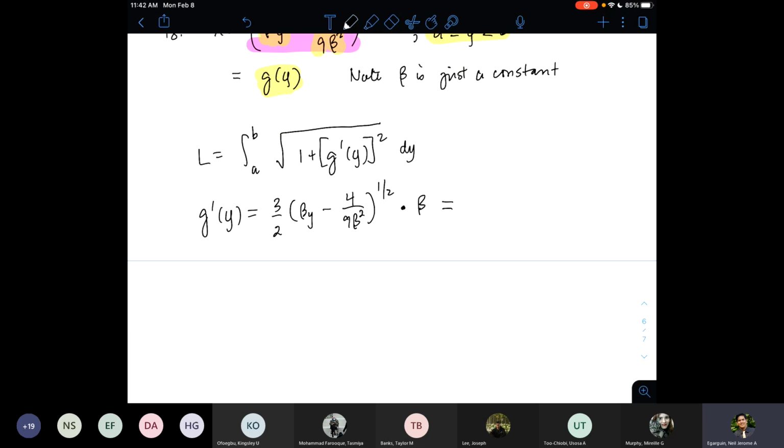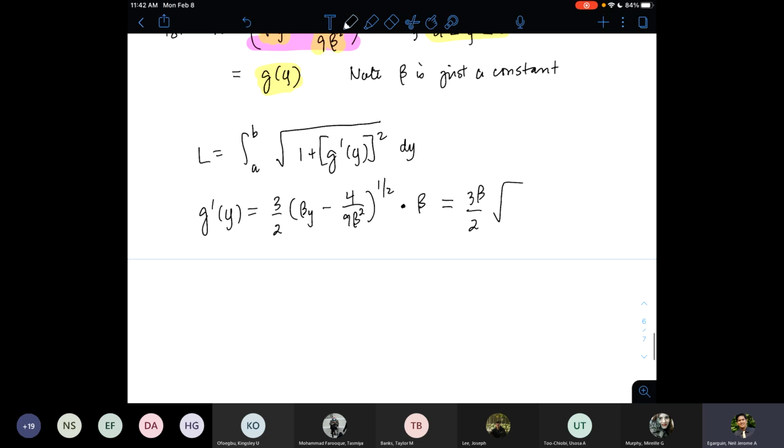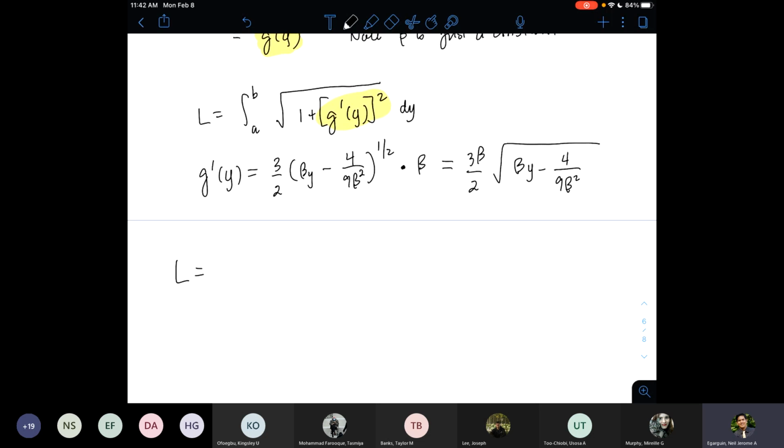Maybe you can rewrite it as 3 beta over 2 times the square root of beta y minus 4 over 9 beta squared. Okay, but remember what goes inside the formula for the arc length is the derivative squared. So the square root will be gone. I guess we will just have one outer square root here.